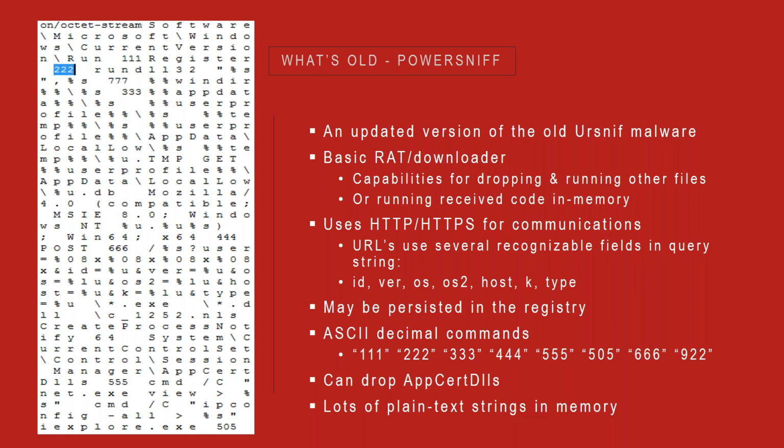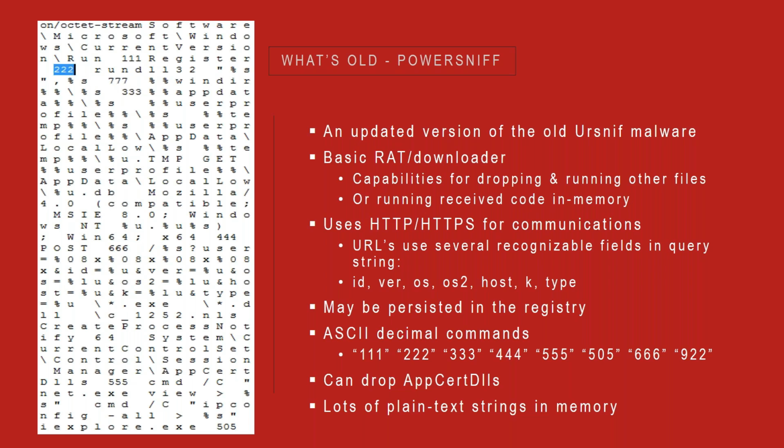PowerSniff uses standard HTTP or HTTPS. These are normal web requests for communication. And when it does that, it calls back to a known URL format. Now, this format has undergone some changes, but the overall structure and the overall parameters mostly stay the same. There will be a query string, which will have different parameters in it, like ID, var, OS, OS2, host, K, and type.